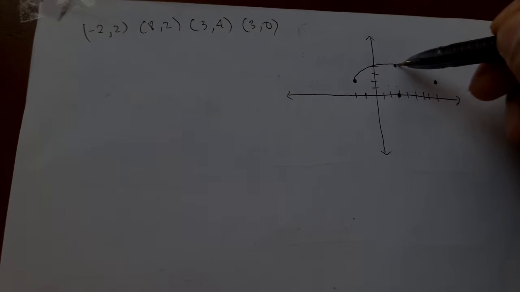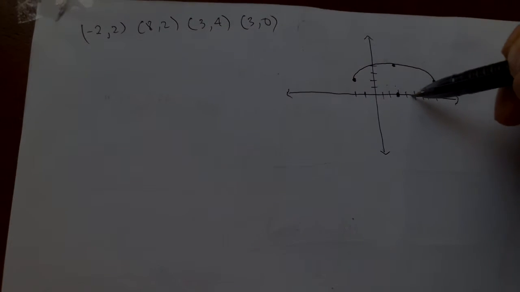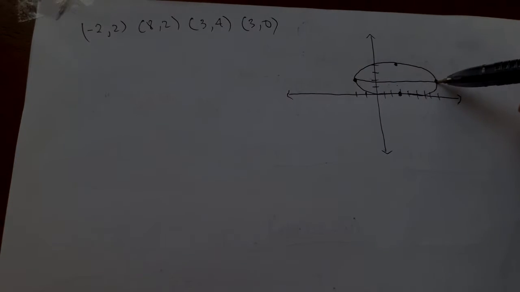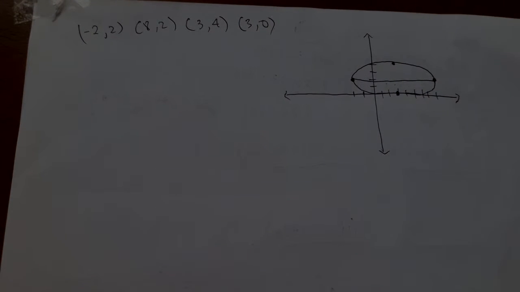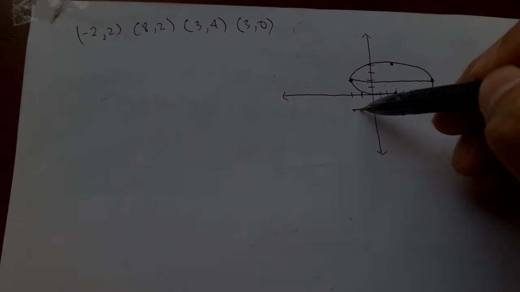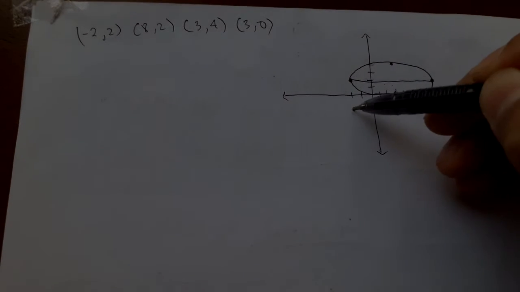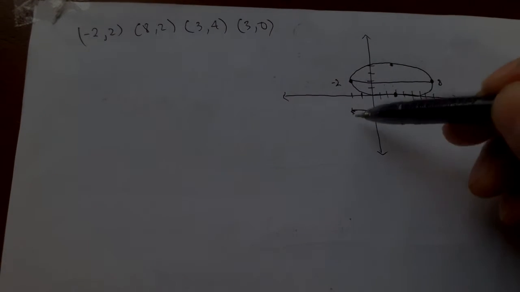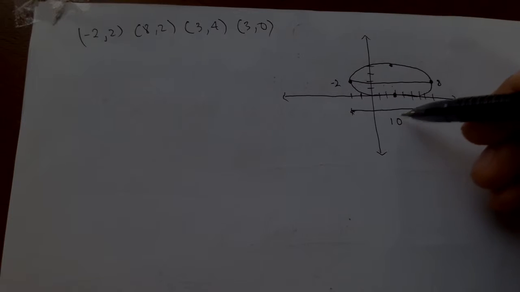So as we can see, the ellipse formed is horizontal, so which means that the major axis is, since this is negative 2 to 8, the major axis would be 10.